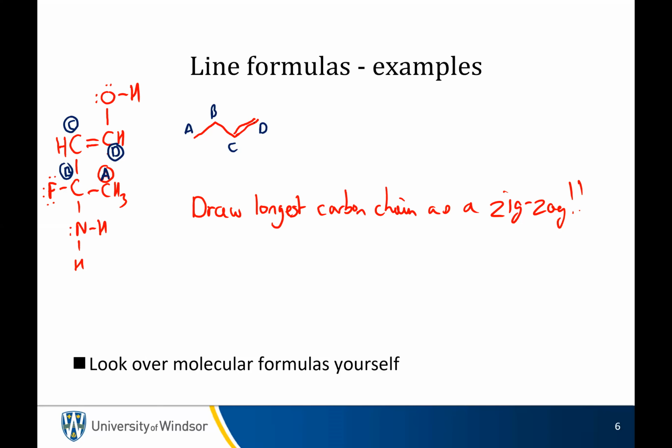So I've got a double bond between carbon C and carbon D. I need to draw that in here. I don't need to adjust my bond angles for that because 120 degrees is the bond angle between things with double bonds. Again, we're going to come back to that. So it's all good. I've got an OH. I prefer, whenever possible, to continue the zigzag.